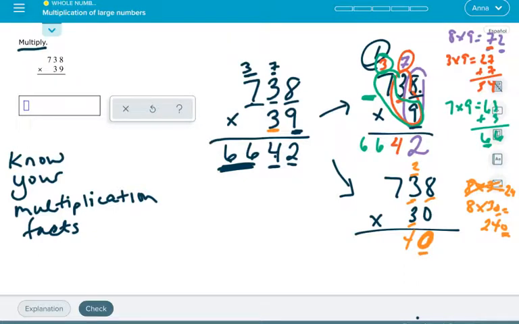So 3 times 3 is 9, plus 2 is 11. We bring down the 1 and carry the other one. This is the one from the ones place, and this is the one from the tens place. Then we do 7 times 3, which is 21.